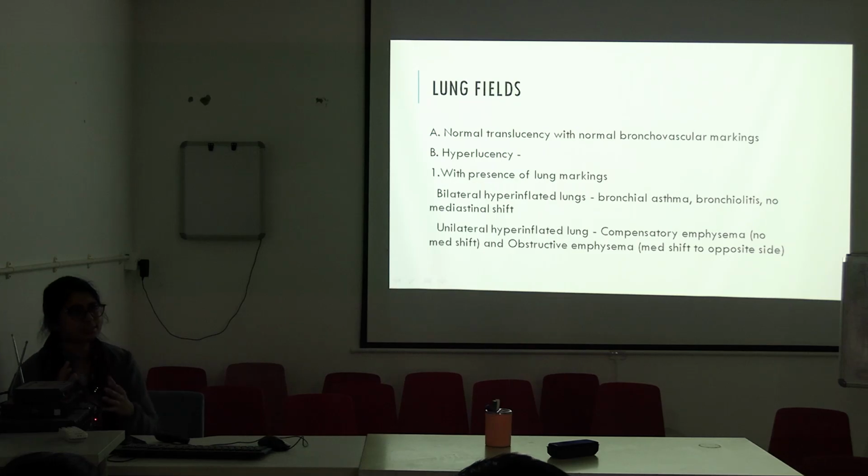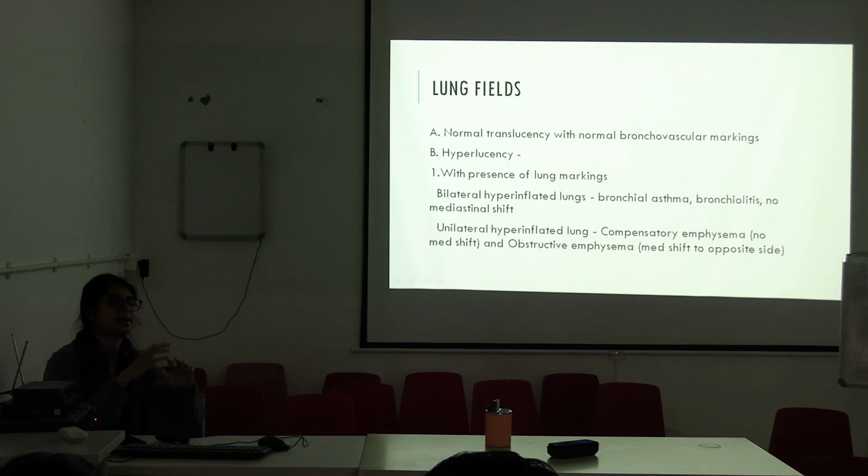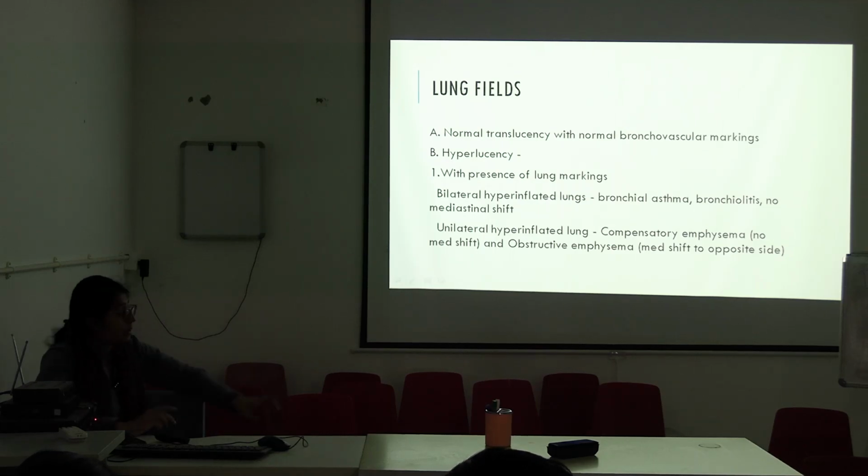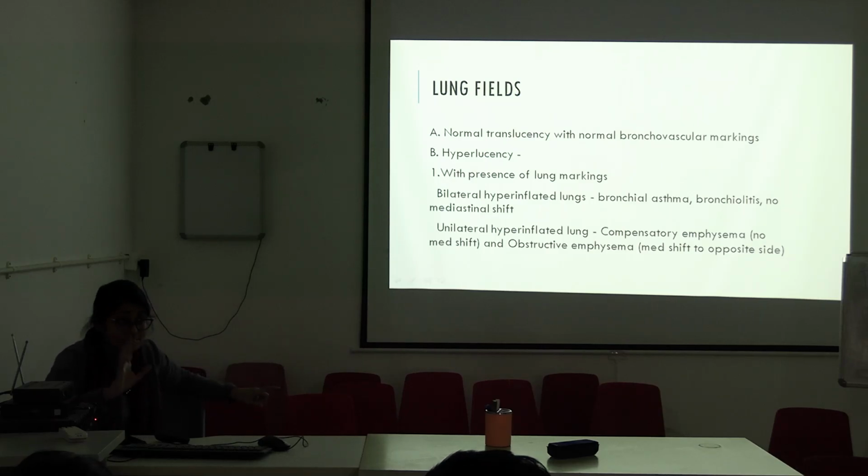When the other lung is pathological, the other lung is having collapse or the other lung is obstructed, another lung is compensating by having more and more ventilation. So there is air trapping in that lung. But in that case, there will be no mediastinal shift. But if it is obstructive emphysema, the pathological one, the COPD one, then there will be mediastinal shift to the opposite side. Okay?